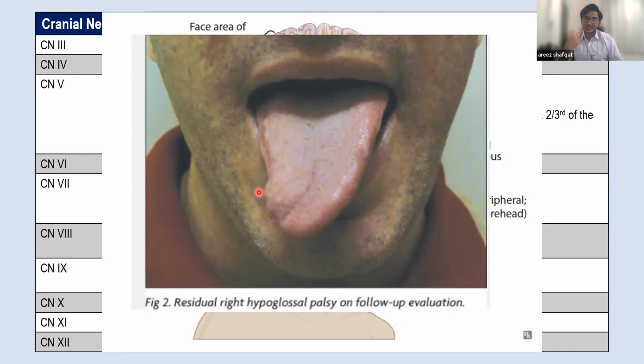Deviation of the uvula is away from the side of the lesion. If the uvula is deviated, the vagus nerve would be affected. If the jaw is deviated, the mandibular nerve would be affected. If the tongue is deviated, the hypoglossal nerve would be affected. But remember, jaw and tongue, they're close together, so they deviate towards the side of the lesion. Uvula deviates away. All right.